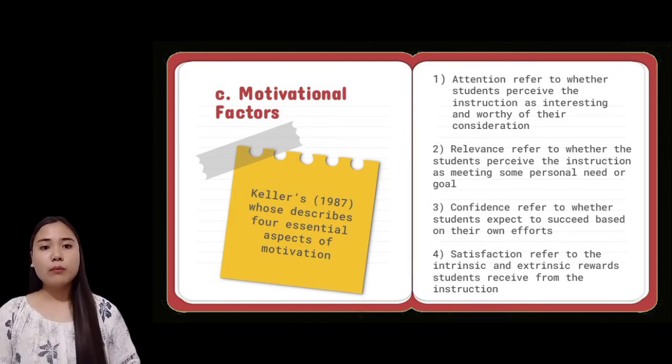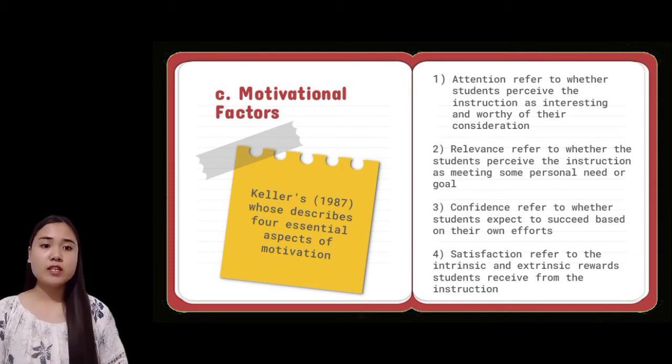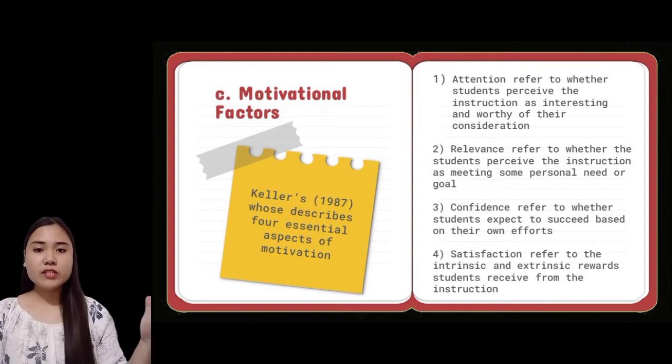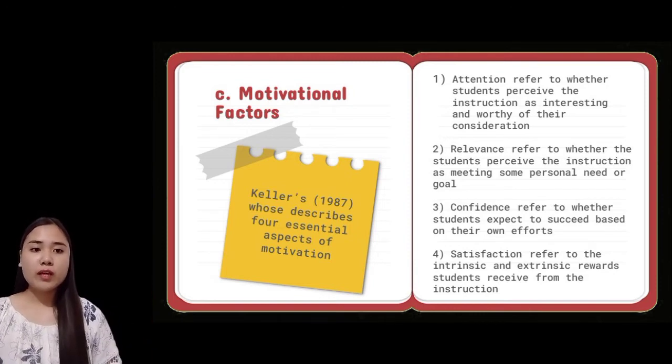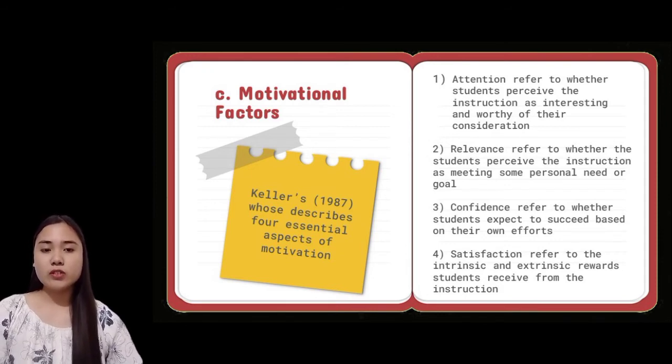A helpful approach to describe students' motivation is Keller's 1987, who describes four essential aspects of motivation. So first, attention refers to whether students perceive the instructions as interesting and worthy of their consideration.